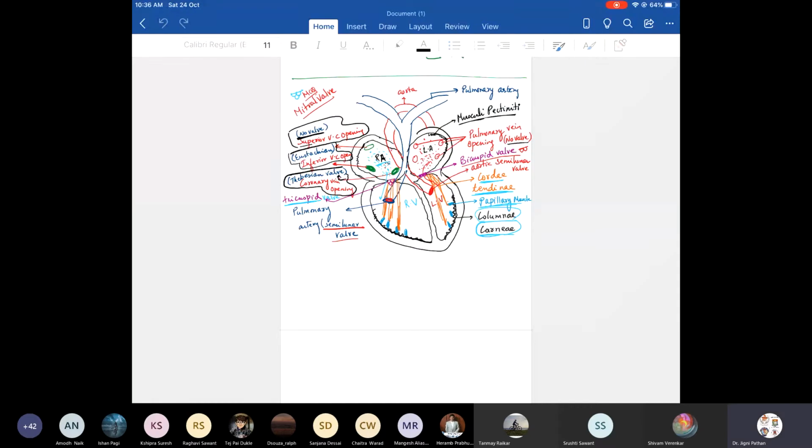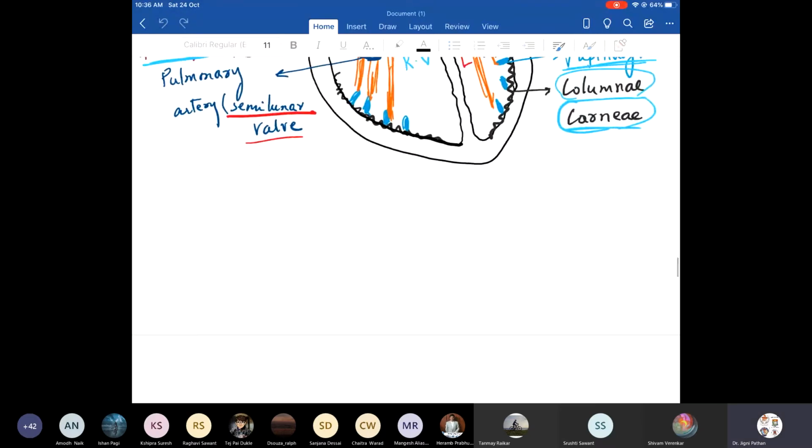Okay, first write down the internal structure of the heart, about the vessels opening. I think you all know about the vessels and valves. Now the chamber walls. Do you know the number of vessels, where they open, and what valves are present? Quickly say yes. If you don't know, please say no so that I can repeat.